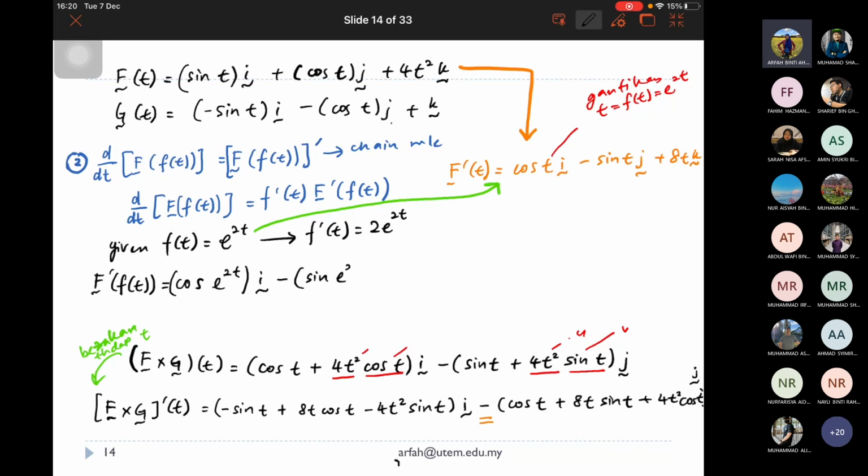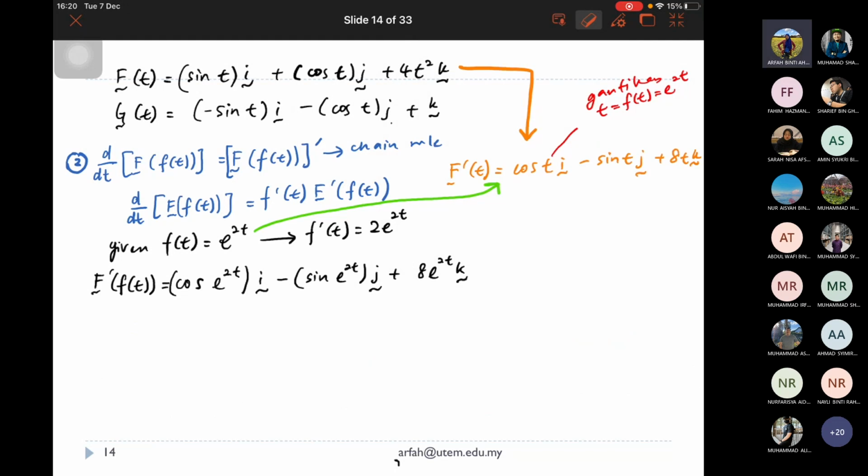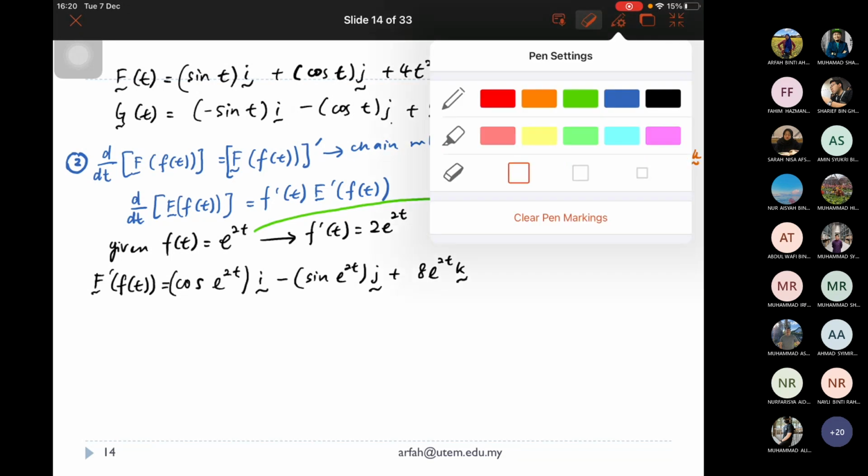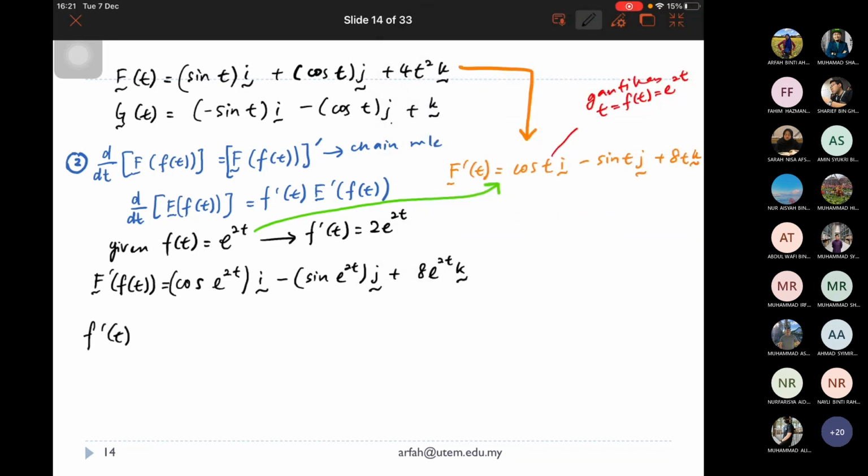Minus sin exponential 2t j tambah 8 exponential 2t k. So that is F prime f(t). Then darabkan.